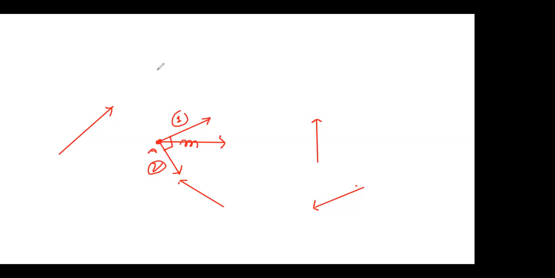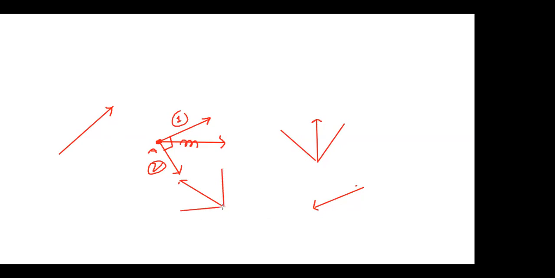So this vector and this vector, they are called rectangular components of given vector. Similarly, even for this, one vector we can draw in any direction, not necessarily horizontal only, and second perpendicular to the first, they are called rectangular components. For this vector I can draw one vertical and other one horizontal.